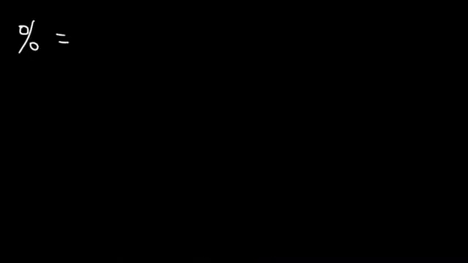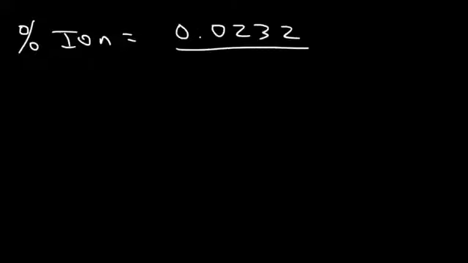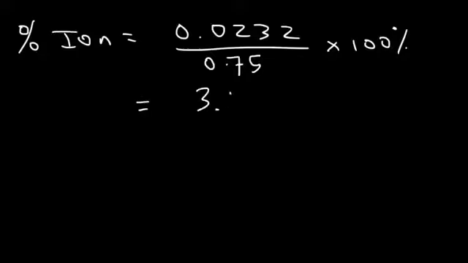So the percent ionization is going to be equal to X, which is 0.0232, divided by the initial concentration of HF, which is 0.75. So it's about 3.1%.